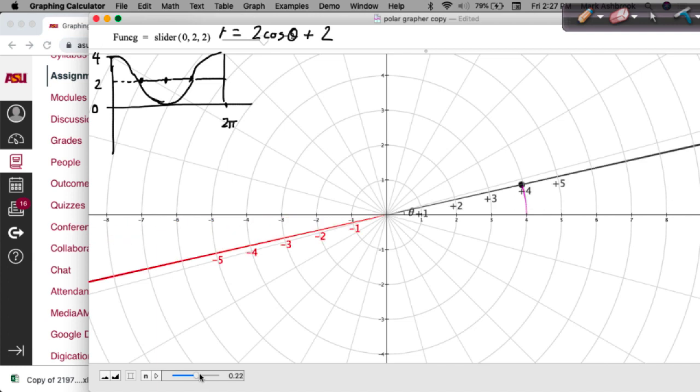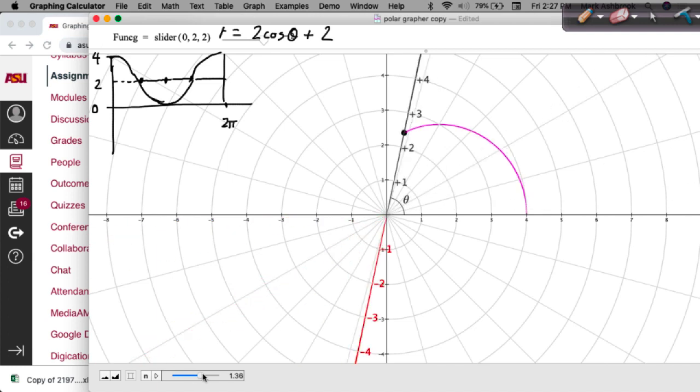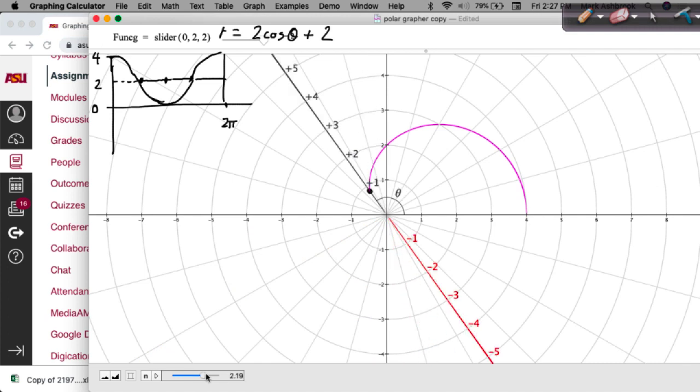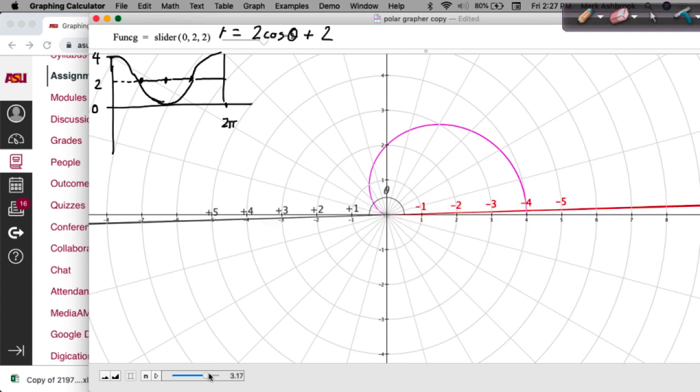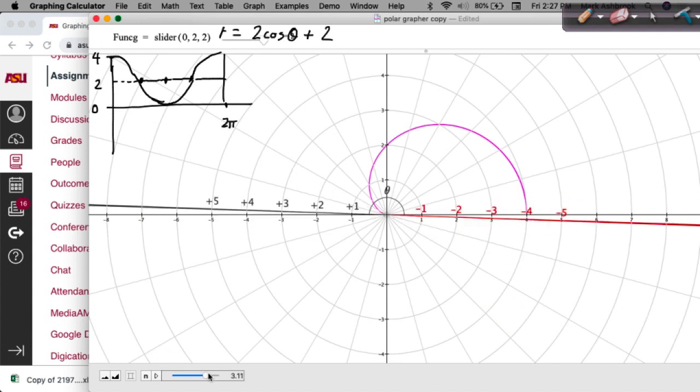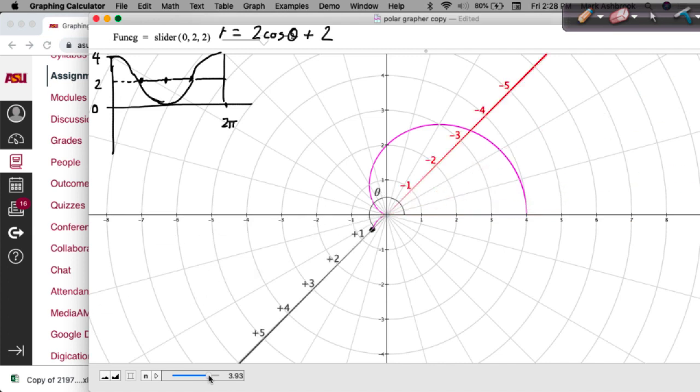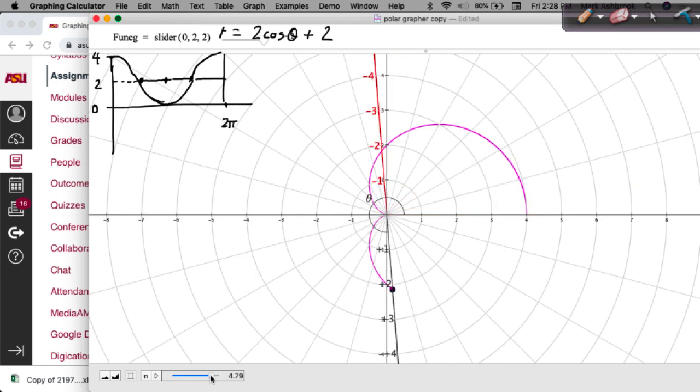Staying close to 4 at first, and then decreasing rapidly. And then in the second quadrant, back to 0. So r is decreasing as we sweep, and then ending up at 0 when we get to pi. So that's 4 to 2, and then 2 to 0. But then, third quadrant, back out to 2, and the fourth quadrant, 2 to 4.